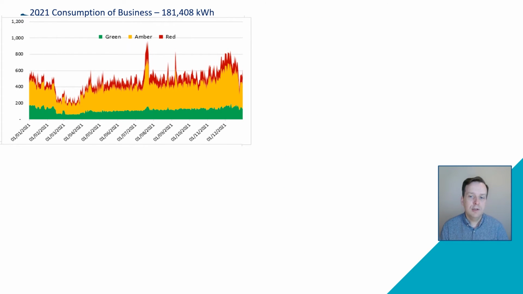So looking at some of the data in terms of the red, amber, green, this is the consumption of the business from the 1st of January. This is a flat version of the 3D graph that we saw. And again, you can see here in March to April, the COVID dip or COVID lockdown dip.